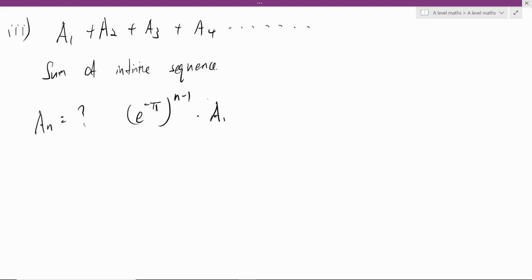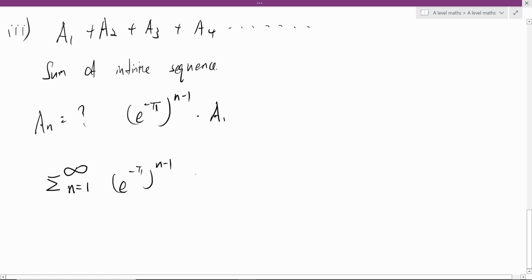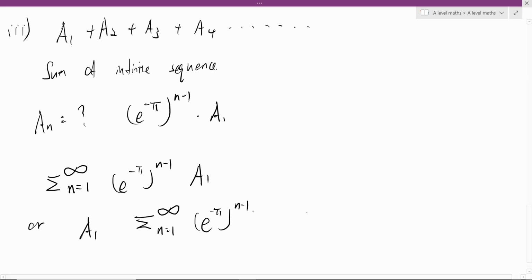Right? So that turns our infinite sum into A1 times the infinite sum from n equals 1 of e to the minus pi to the n minus 1. And it's a geometric sequence.